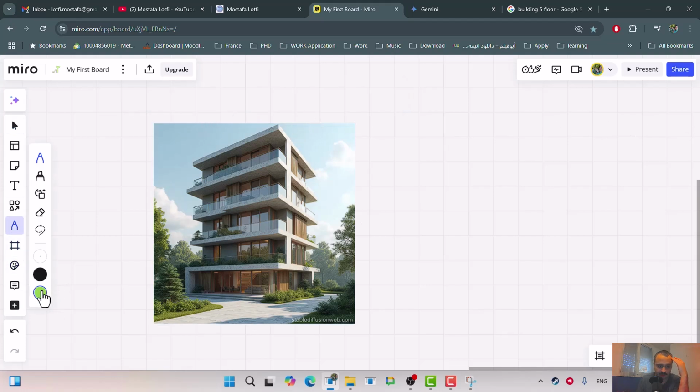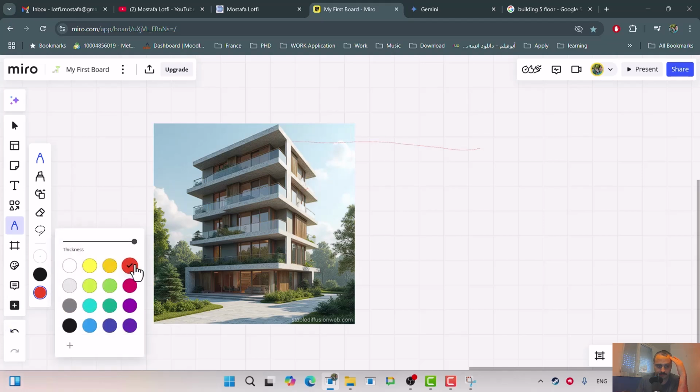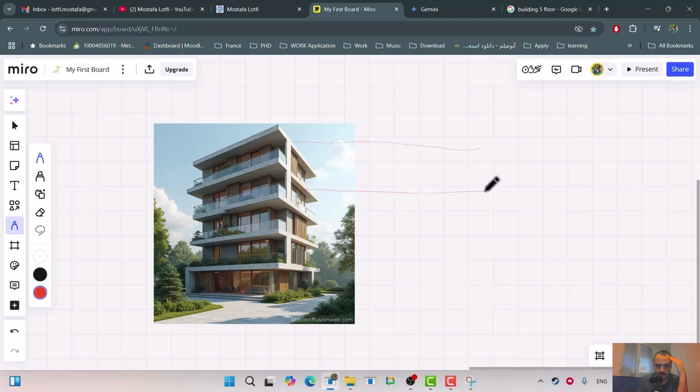Okay, so let me draw some lines here. So this is the 1st, this is the 2nd, 3rd, 4th, and 5th floor, right?